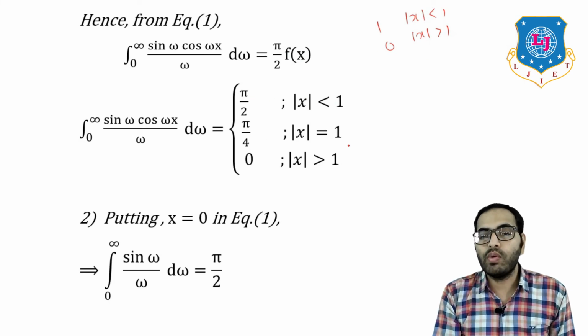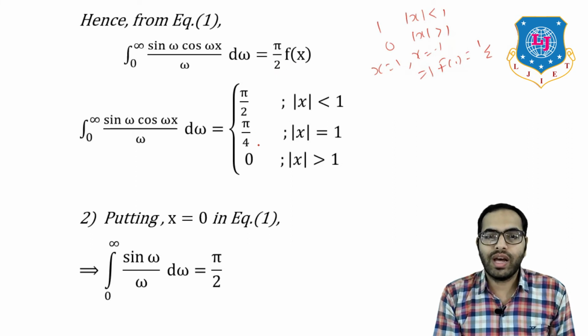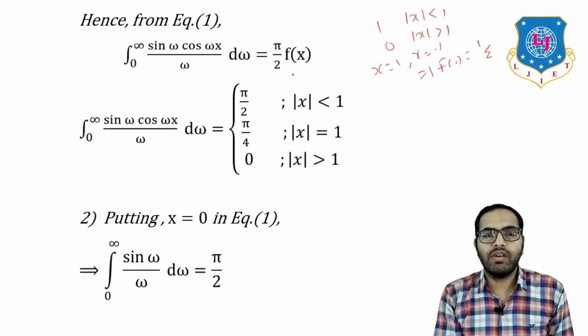If mod x is greater than 1, the function is 0, and 0 into anything is 0. If mod x equals 1, that is at x equal to 1 and x equal to minus 1, the function has value 1 half, so pi by 2 into 1 half is pi by 4. That is our first calculation, which is proved.